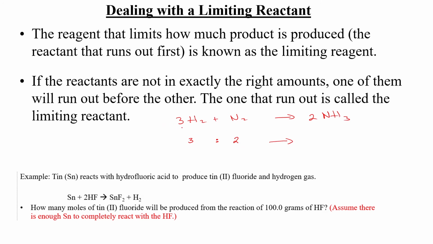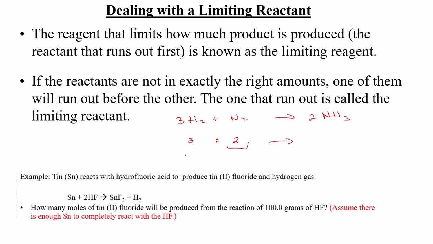The balanced reactants are 3 moles of hydrogen and 1 mole of nitrogen, but the actual reactants given are 3 moles of hydrogen and 2 moles of nitrogen. The reaction will actually depend on the moles of hydrogen, and when the hydrogen is completely converted into ammonia, the reaction will stop and there will be some of the nitrogen left over. The reactant that will actually run out first is called the limiting reactant. So in this example, hydrogen is going to be our limiting reactant.